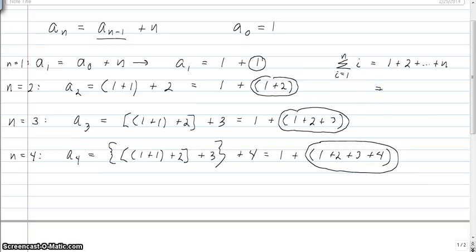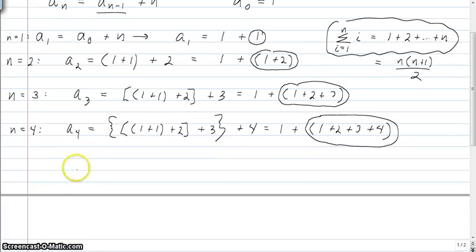And we have a formula for the sum of the first n integers, and it's worth knowing. That's n times n plus 1 over 2. That shows up a lot. And so if we want to get a general formula in terms of n, we've got this first 1, and then we've got this sum, the sum of the first n integers.